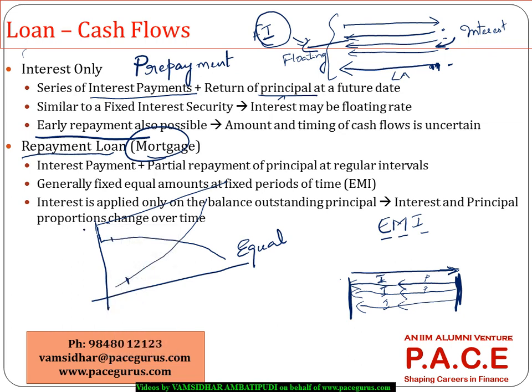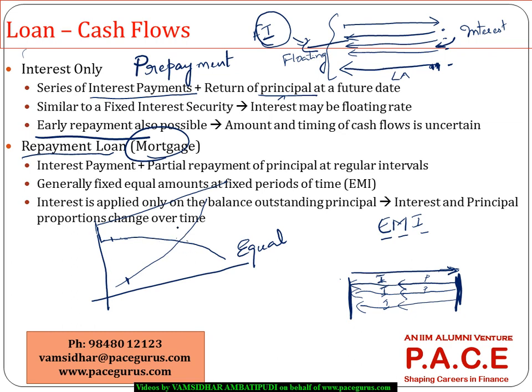This is the typical mechanism of a repayment loan. As long as the interest rates are the same, the cash inflows and outflows are fixed. But if the interest rates are variable, then probably even these numbers are bound to change over a period.